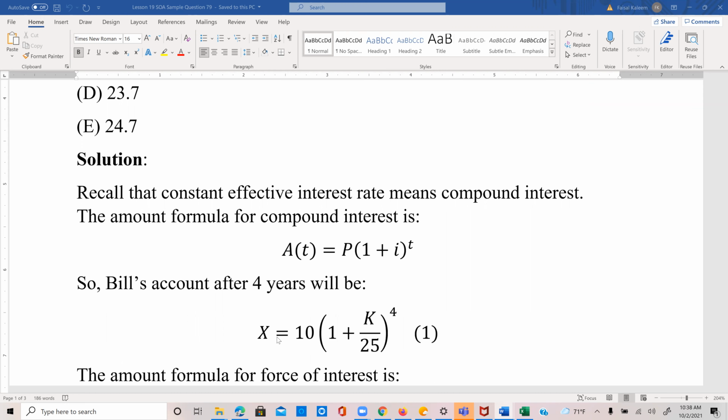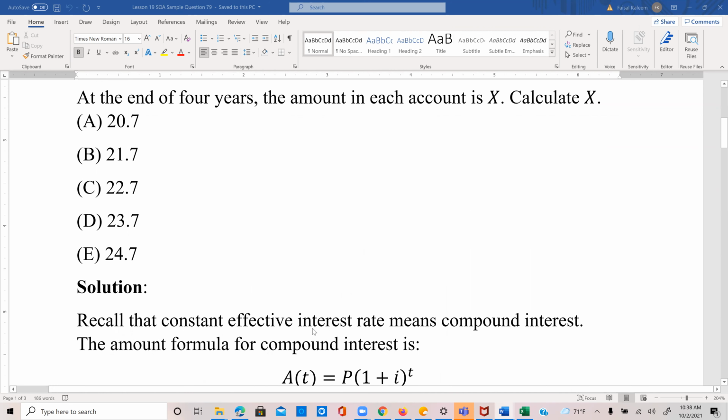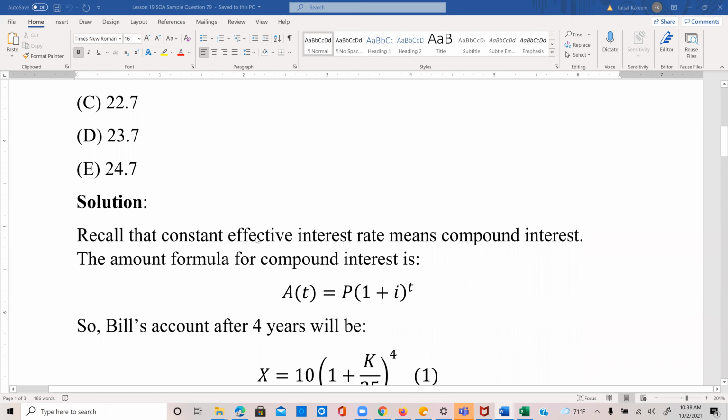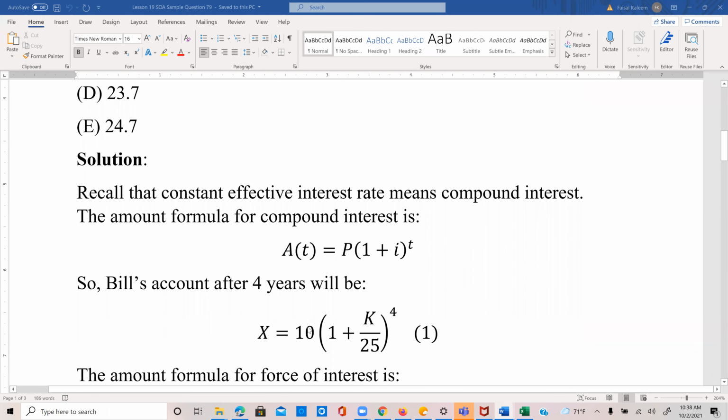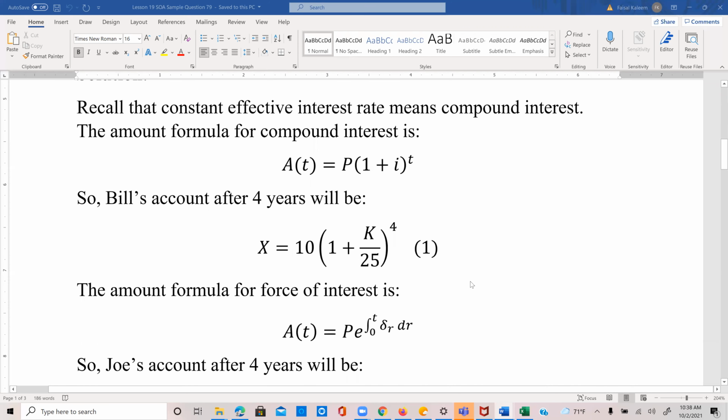So X for Bill will be 10, because the principal is 10, times 1 plus I, and I is K over 25, to the power 4, since t is 4.